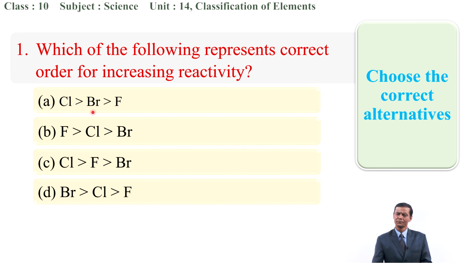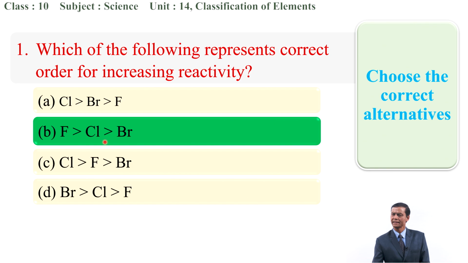Chlorine is more reactive than bromine, bromine is more reactive than fluorine, or fluorine is more reactive than chlorine, chlorine is more reactive than bromine, or chlorine is more reactive than fluorine, fluorine is more reactive than bromine, or bromine is more reactive than chlorine, chlorine is more reactive than fluorine. Which is the correct reactivity order? These are the non-metallic elements. Did you think? Okay, let's check it. Fluorine is more reactive than chlorine, chlorine is more reactive than bromine.